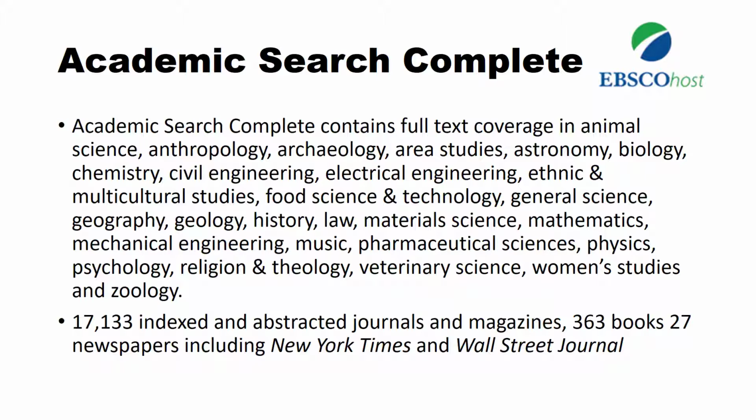And so this database is a good one to start using because there is something in here for everybody. And there's something in here for everybody because there are over 17,000 indexed and abstract journals and magazines. There's also 363 books and 27 newspapers that are in this large database. So it's a good place to start doing research.